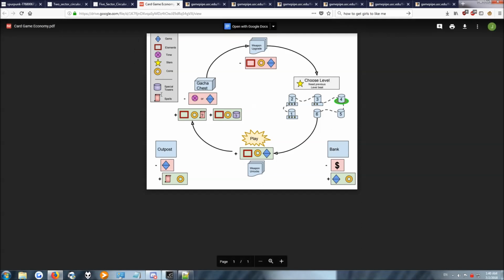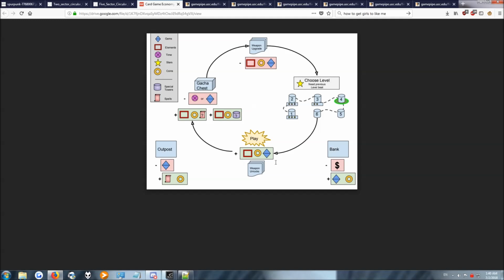You see it's got this nice legend here. It tells us you get gems from playing the game. You spend those gems on unlocking your gacha chests, and you also spend them on upgrading your weapons.